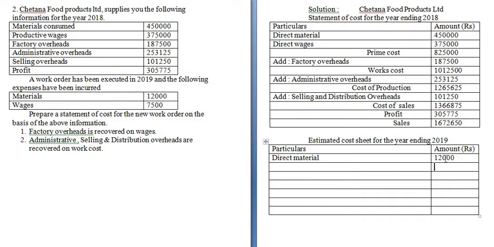Next, direct wages is 7,500. Expenses they have not given, so this itself will be called prime cost. Now add this: you will get 19,500.